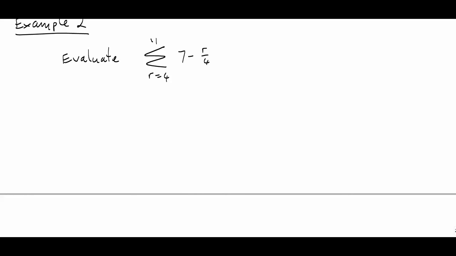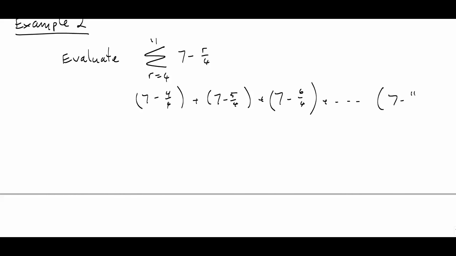Second example, here we have one where the terms don't start with r equals 1, we have r equals 4, we don't need to start r equals 1. So if we start writing down these terms, we'll have 7 minus 4 over 4 plus 7 minus 5 over 4 plus 7 minus 6 over 4 up until 7 minus 11 over 4.